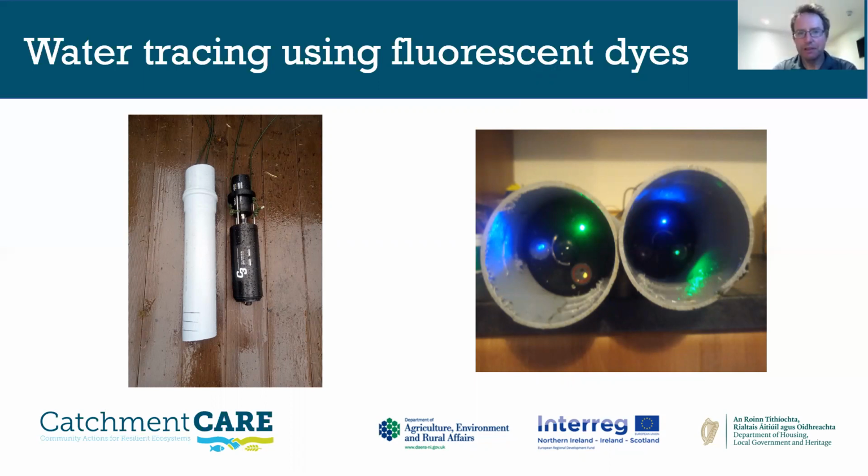These enabled us to place the loggers in the springs so that we could leave them logging for between 6 to 8 weeks, taking a water reading every 10 minutes and logging for the fluorescence of 3 particular dyes that we're using on this project. The 3 dyes we were using were fluorescein, rhodamine WT, and optical brightening agent.